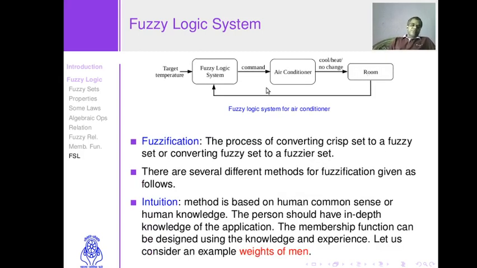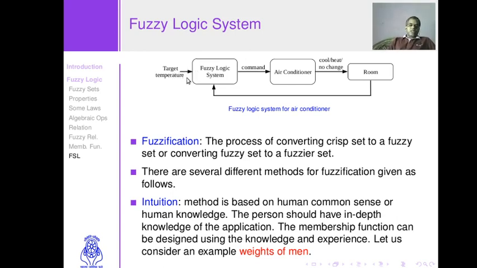For example, this figure shows a fuzzy logic system to control the air conditioner. The job of this controller is to maintain a particular room temperature. So we provide a target room temperature value.